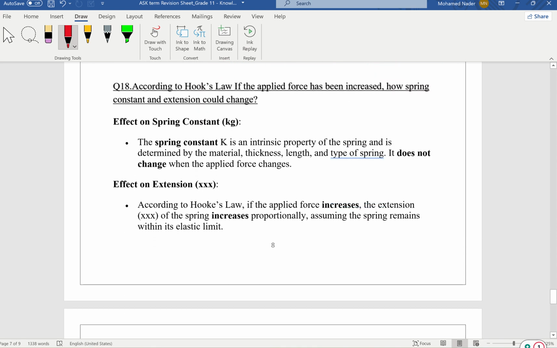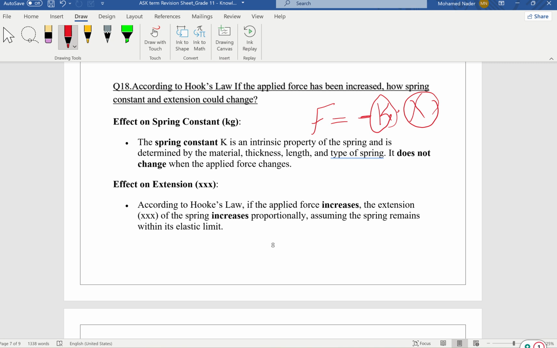According to Hooke's law, if the applied force is increased, the extension will change, and this makes sense because according to Hooke's law, F, the total amount of force, is equal to minus K times X, which means it depends on the spring constant and on the extension.